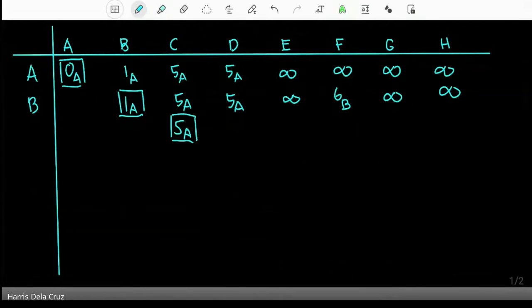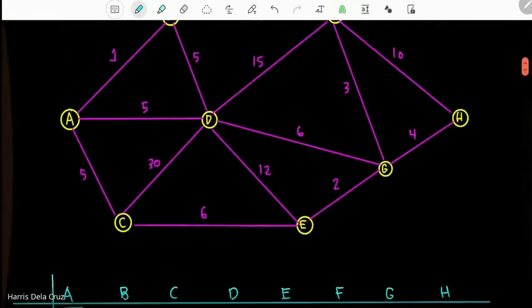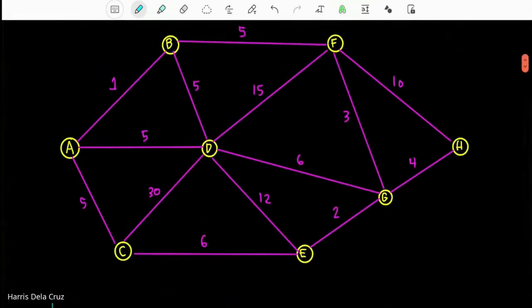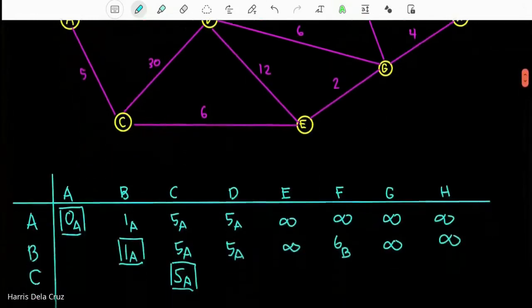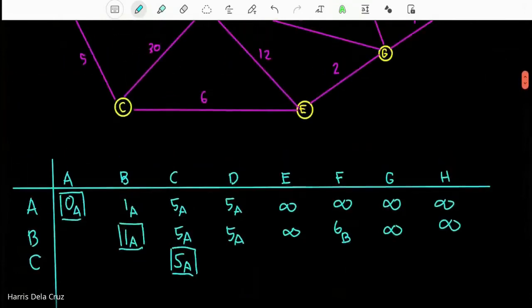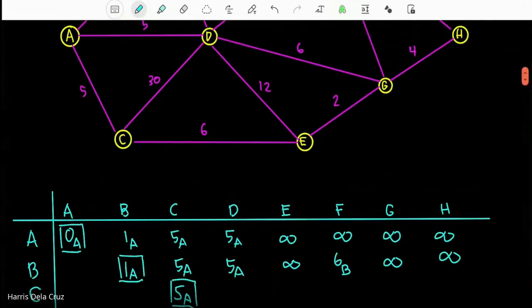Now, we are going to visit C. From C, looking at the graph, we can see that we can reach vertex A, D, and E. Again, since A already has a permanent label, we no longer need to concern ourselves with going to A. But for D and E, we can reach D by adding 30 to the label of C, and we can reach E by adding 6 to the label of C. So, to reach D from C, we have 5 plus 30 or 35.